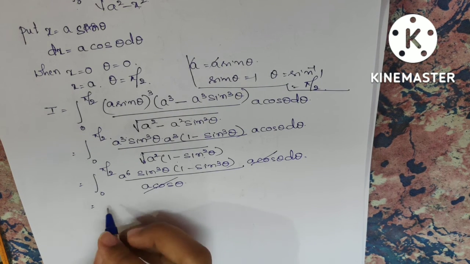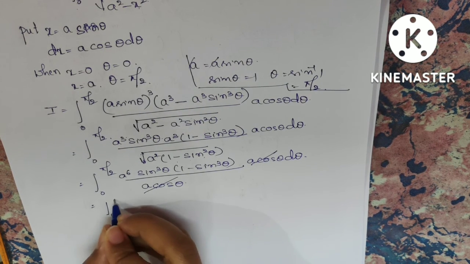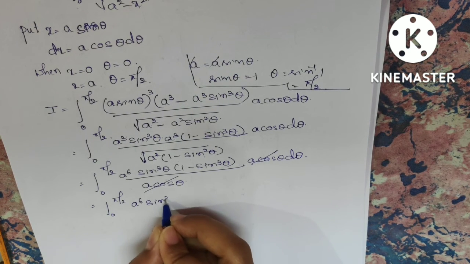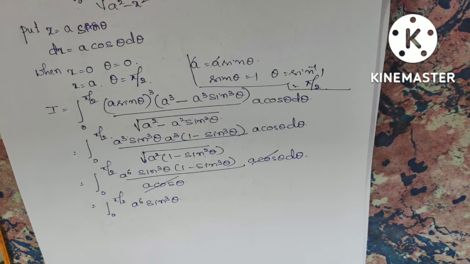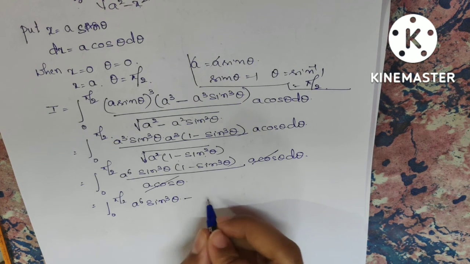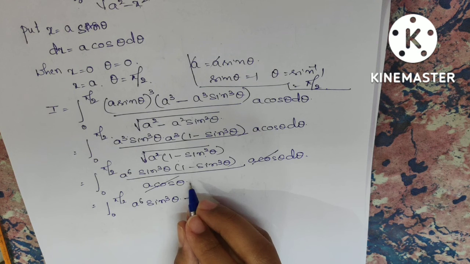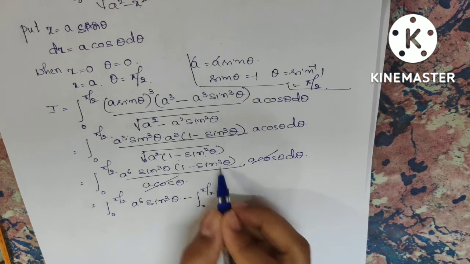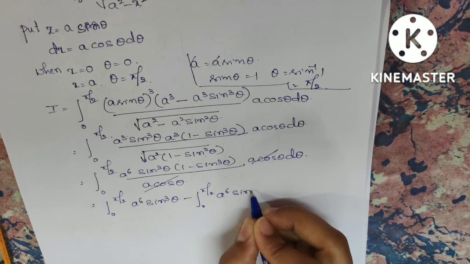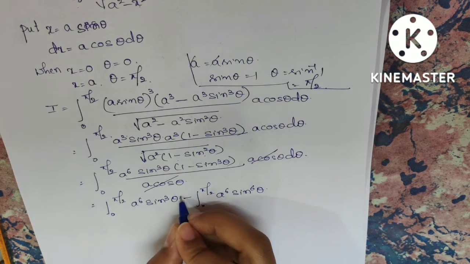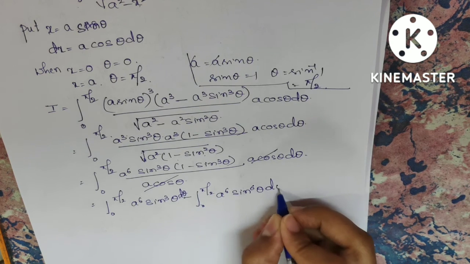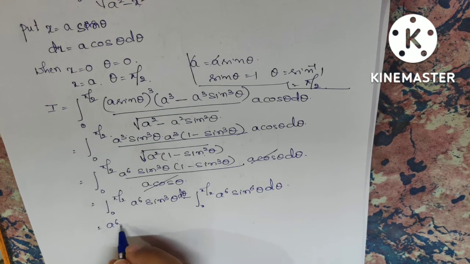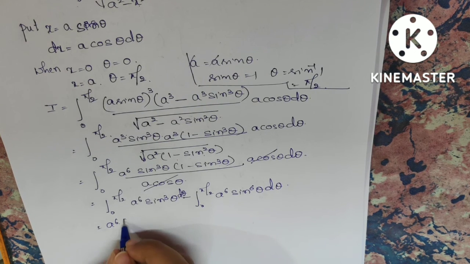Then removing the brackets, integration from 0 to pi/2 a power 6 sin cube theta minus integration of 0 to pi/2 a to the power of 6 sin^6 theta d theta.